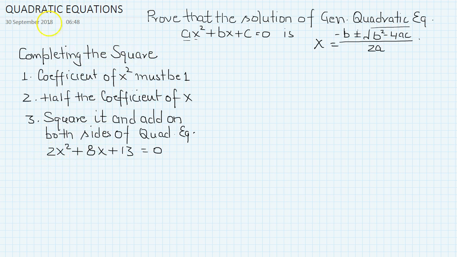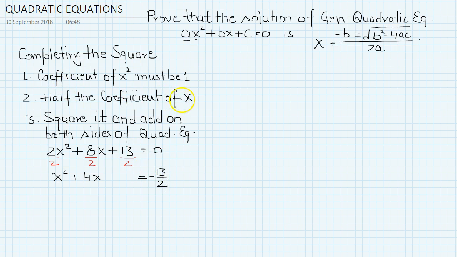Now first thing we are supposed to do is make the coefficient of x square 1. So we divide each term by 2, and now our equation becomes x square plus 4x plus 13 over 2. So I am going to write this 13 over 2 here, minus 13 over 2.